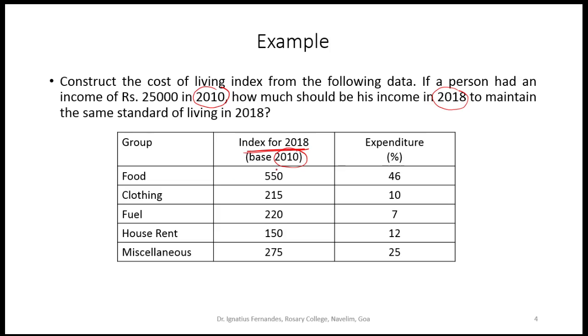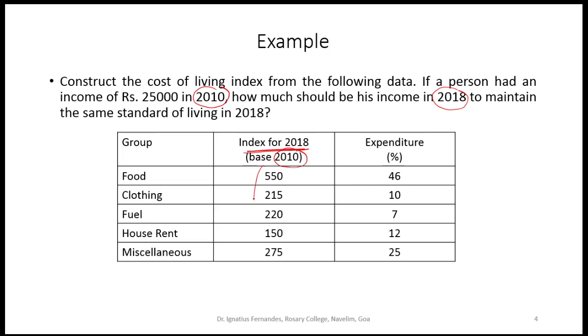I have the income distribution of a particular family, that is, how it is spent, out of the total 100%. 46% of the expenditure is on food, 10% on clothing, 7% on fuel, 12% on house rent, and 25% on the remaining things. This is how the expenditure of a particular family is given.